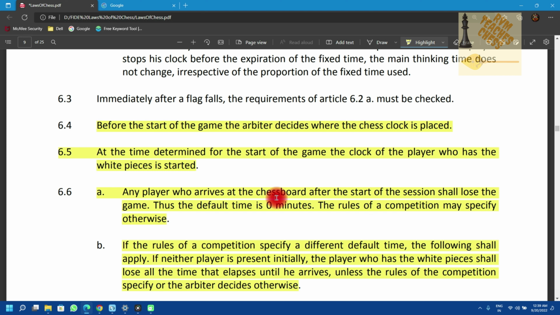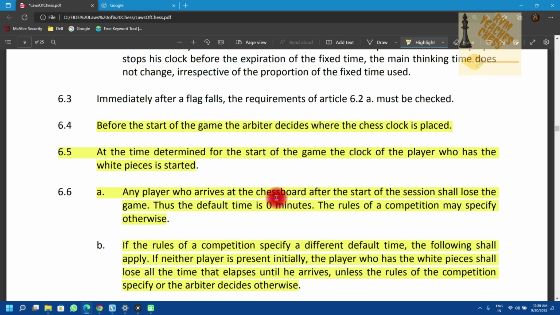Here it means a zero tolerance rule. There exist many zero tolerance rules in many chess tournaments, especially FIDE tournaments and high level tournaments. Here it means that if you don't arrive at the chessboard exactly at the moment when the round starts, then you lose the game immediately.